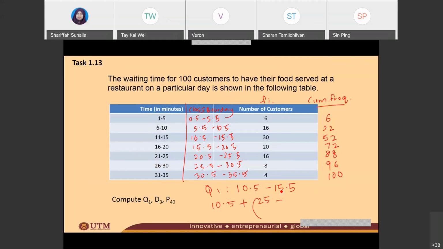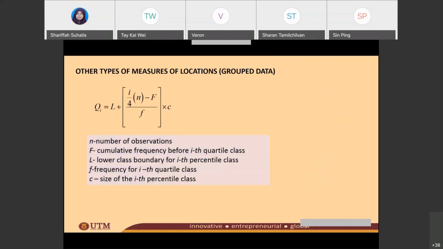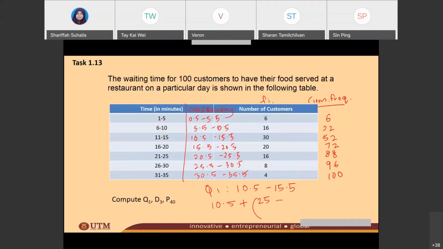So minus capital F. Capital F is your cumulative frequency before the quartile class. Okay, let's check that again. So your cumulative frequency before the ith quartile class. The third class is your quartile class.